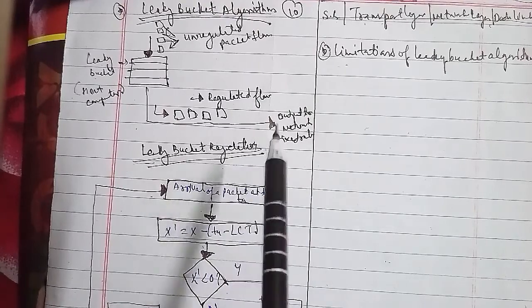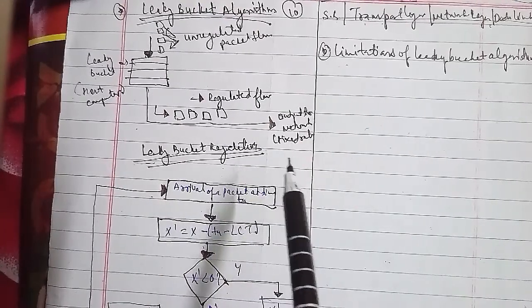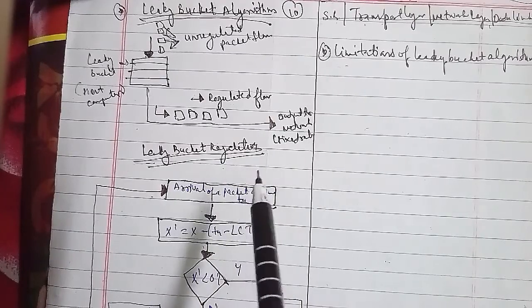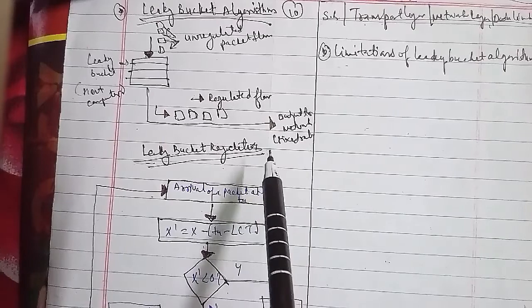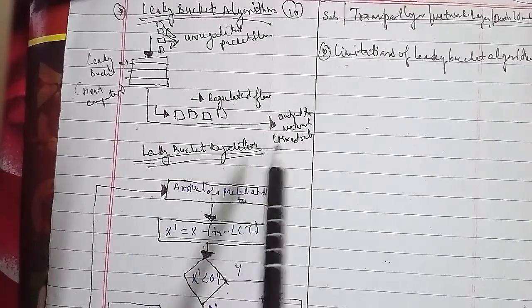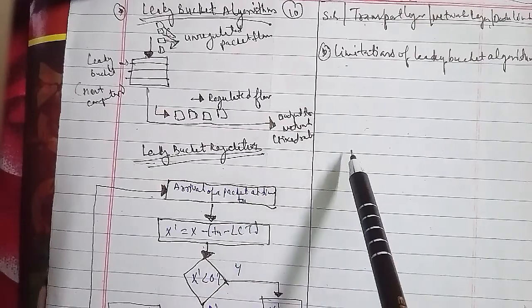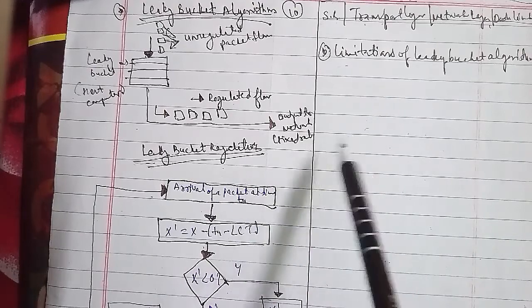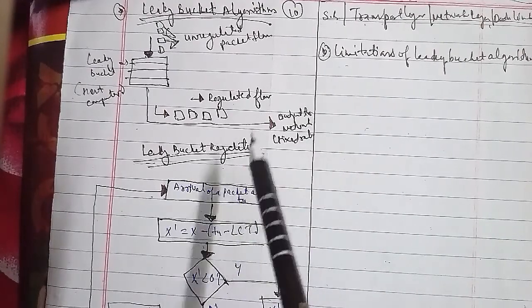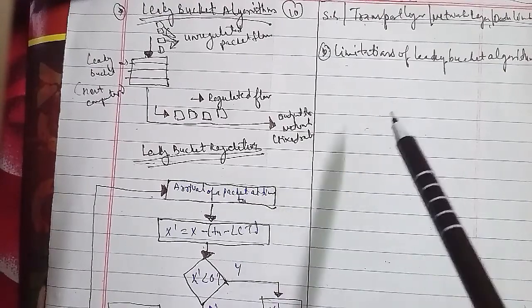The maximum burst time, denoted by S, is S equals C upon M minus ρ. So this will be the formula when you have to find the maximum burst time.